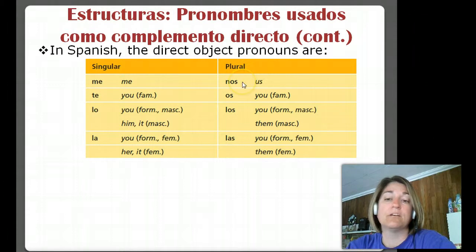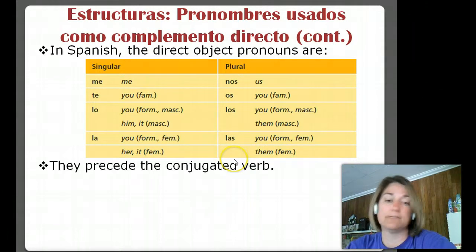The plurals are going to be nos, to say us for a direct object pronoun, or los, to say you, formal, masculine, but plural, or them, masculine. And then las is going to be you, formal, feminine, or them, feminine. Okay, so nos, los, las are the plurals.